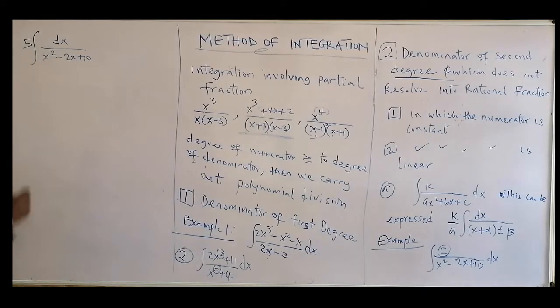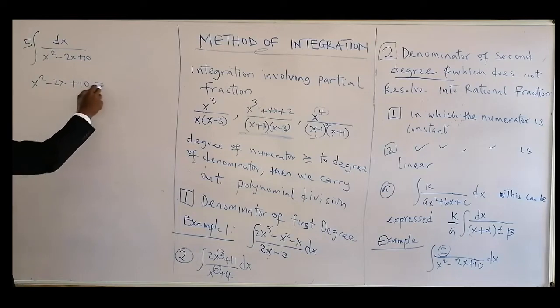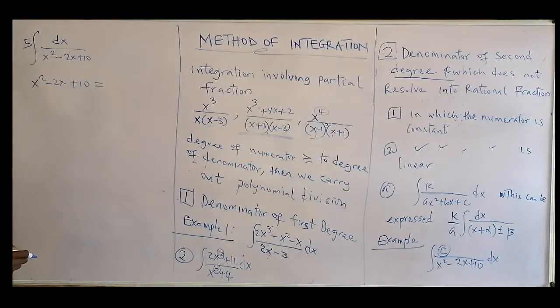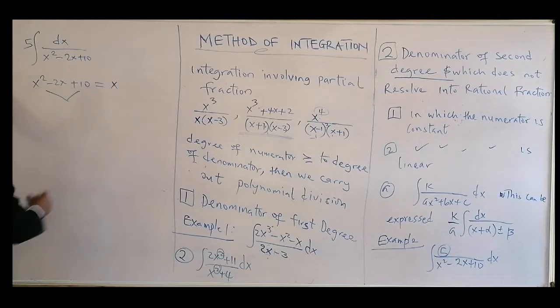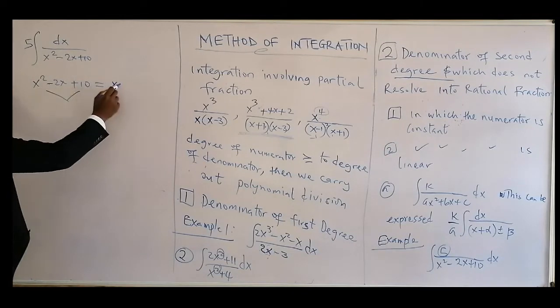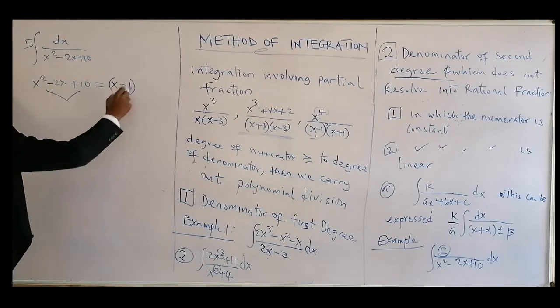So let's solve this by expressing it as a sum of squares, in perfect square form. Take the 1 here, we have minus here, then add half of 2, that's 1.